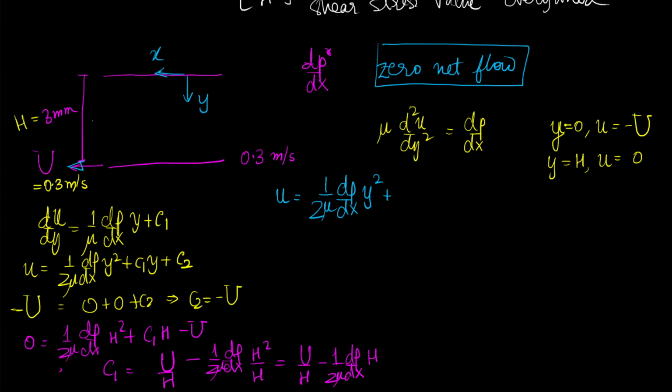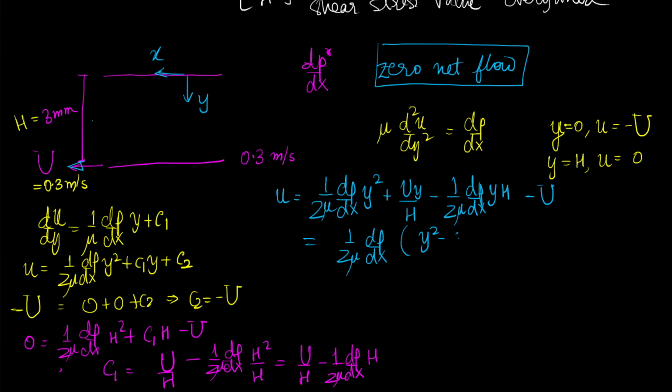So c1y will become U y upon h minus 1 upon 2 mu dp dx y h, plus c2, which is simply minus U. So this is 1 upon 2 mu dp dx times y square minus yh, plus U y upon h minus U.